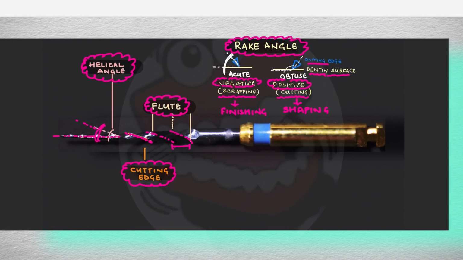The positive angle can lead to the cutting efficiency of the file. For example, a negative angle can be considered in a finishing file, and a positive angle in a shaping file. Also, there is a rake angle referred to as the neutral rake angle, where the dentine surface and the cutting edge are such that there is no cutting edge, like in a spreader. So these are the different types of rake angles.